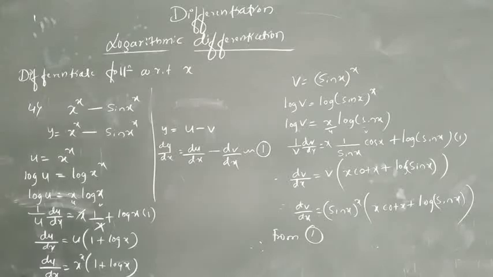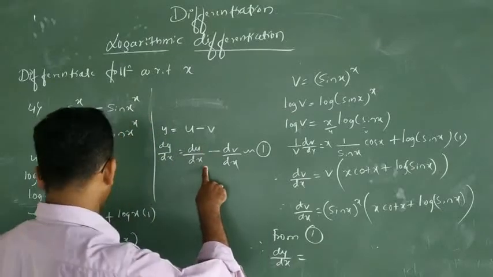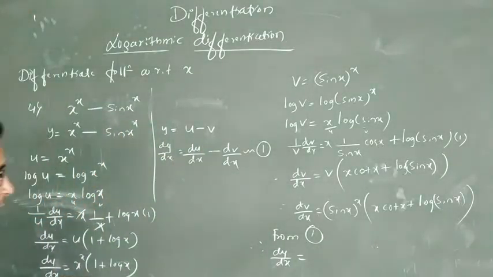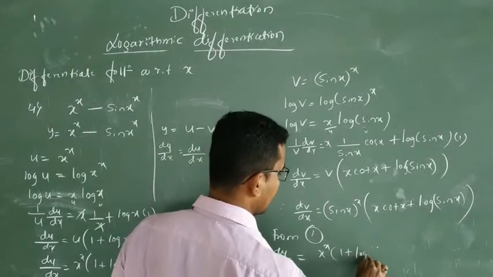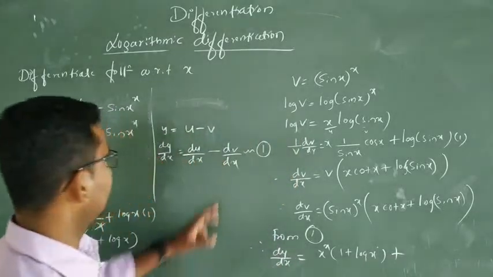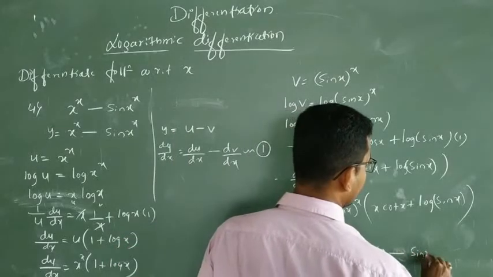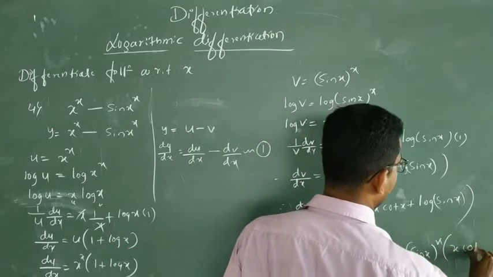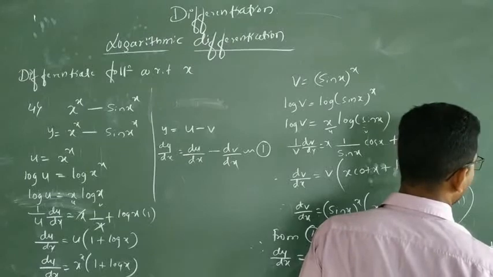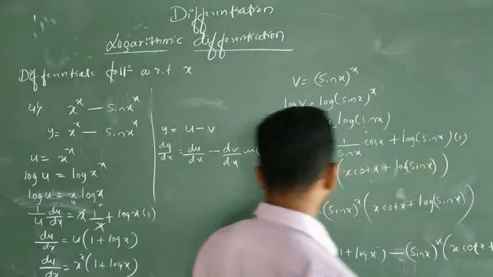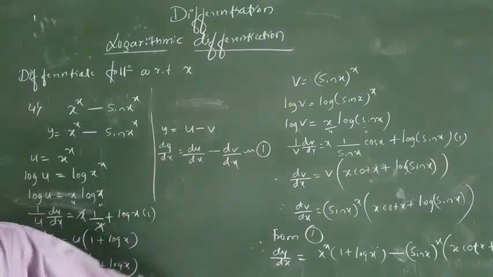Then dy by dx is equal to du by dx, which is x raised to x, 1 plus log of x, and minus dv by dx, which is sin x whole raised to x, into x cot of x plus log of sin x. So we differentiated y, then u, then v.